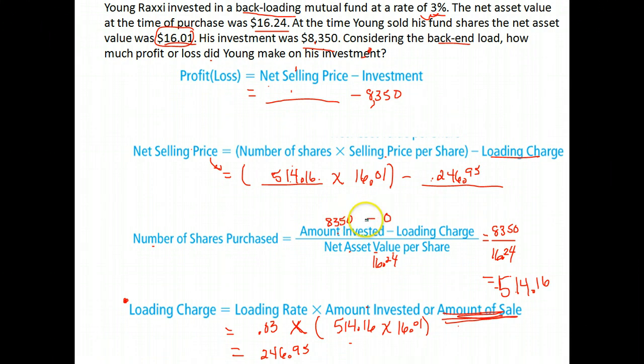Okay, when we do that, we get $8,231.70 minus $246.95. That gives us our net selling price of $7,984.75.